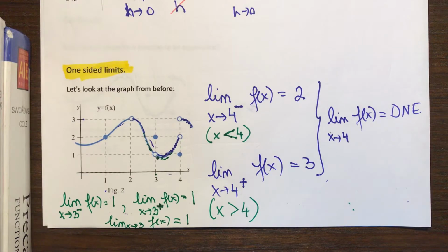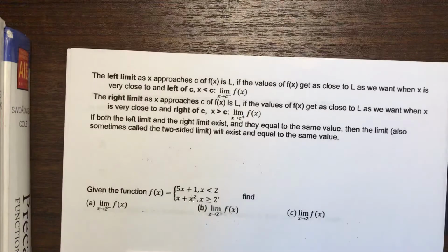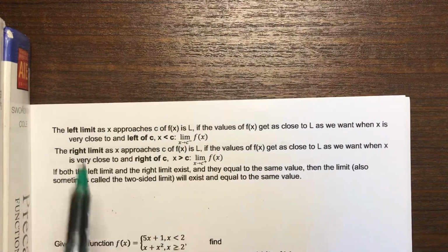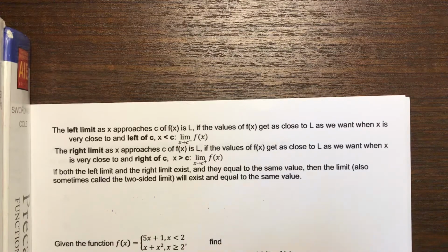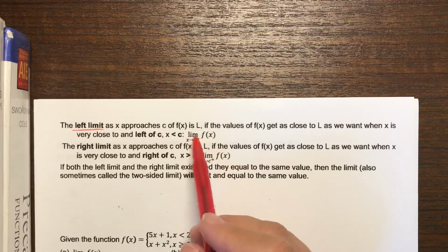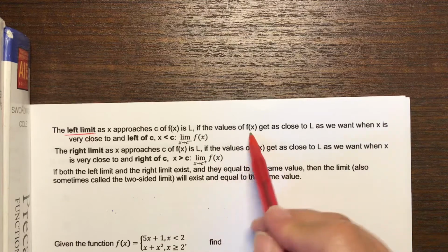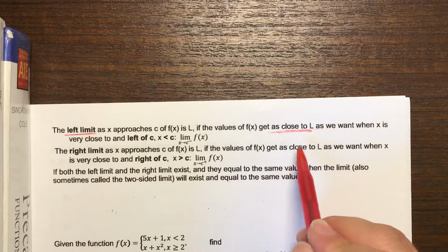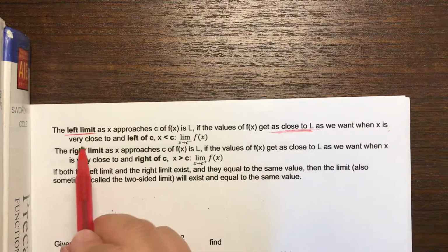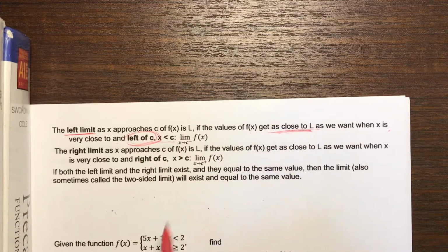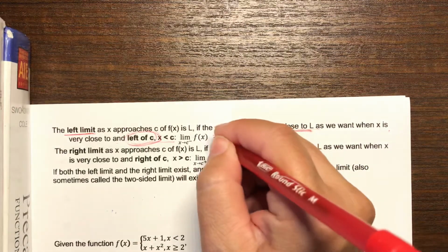Okay. All right. So let's review the definition right here. So the left limit as x approaches c of f of x is L, that's how we would read it in words, if the values of f of x get as close to L as we want, when x is very close and to the left of c, in other words, lesser values, and that's how we write that.